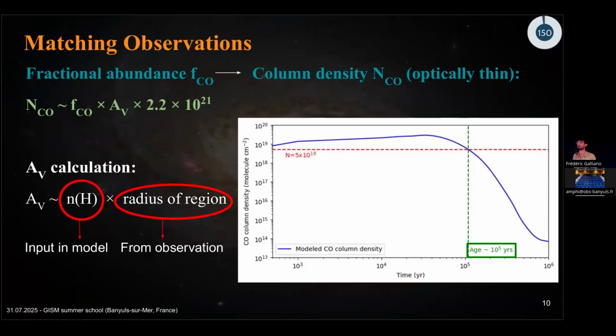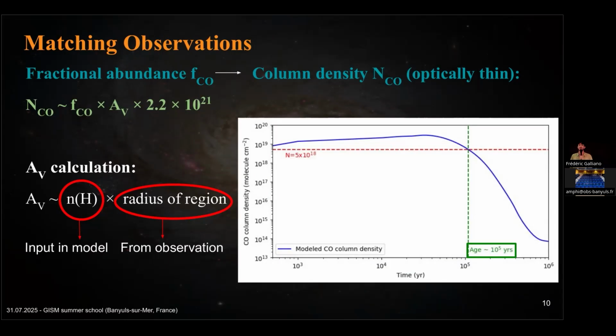And finally, we wanted to match the observations to the chemical model. Since we're in an optically thin environment, we can approximate by transforming the fractional abundance, which is the output of the code, into column density. To do so, we multiply this fractional abundance by the AV times 10 to the power 21, which is the hydrogen column density per magnitude.